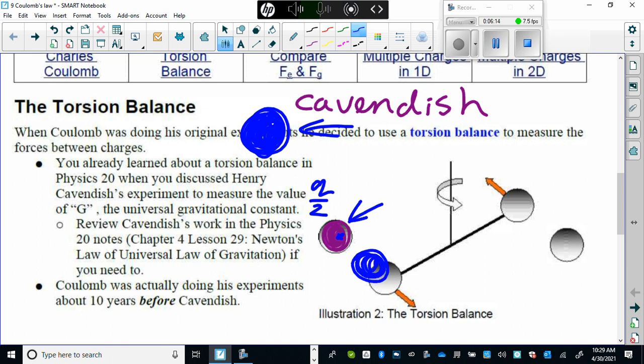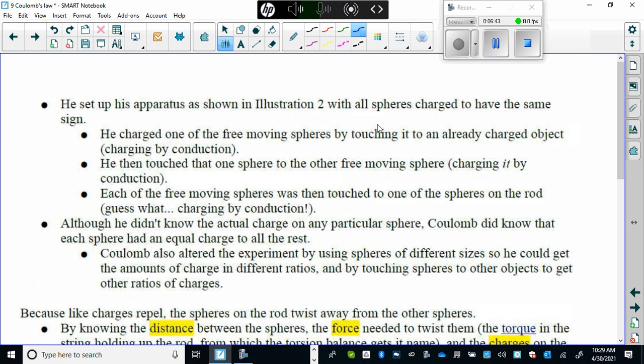He measured the angle, did all kinds of mathematical calculations, and that's how he came up with the fact that the electrostatic force is an inverse square relationship. So quite ingenious. Remember, we're talking about the 1700s, 1750 or 1760, around there. Pretty cool. That was the same time that Mozart was living. Very cool.